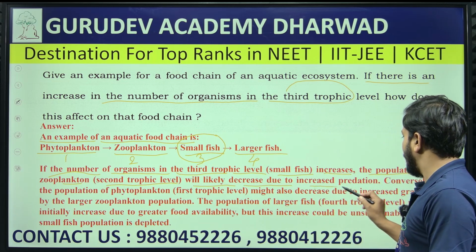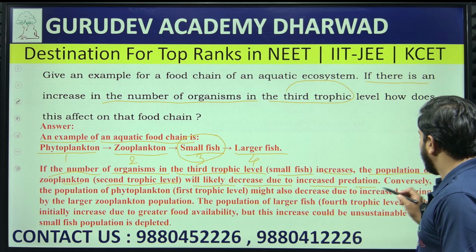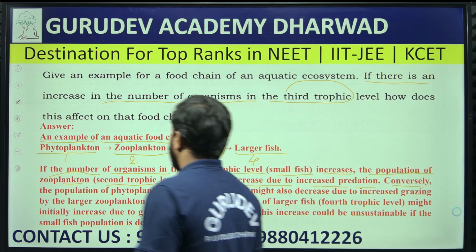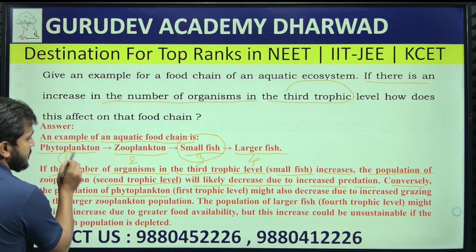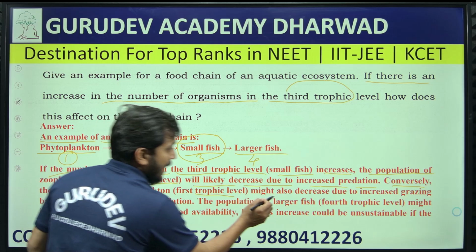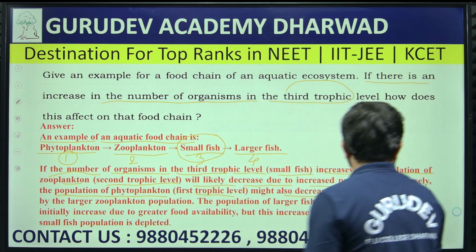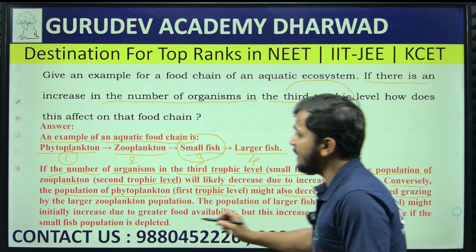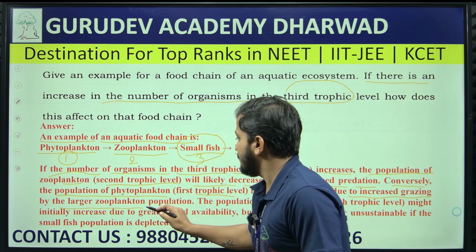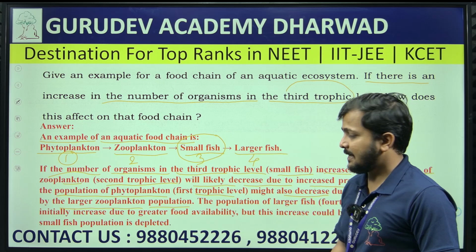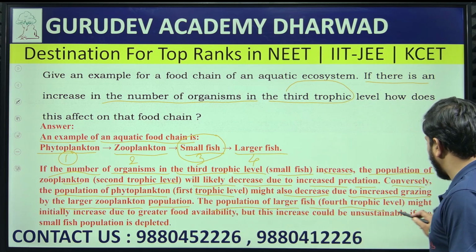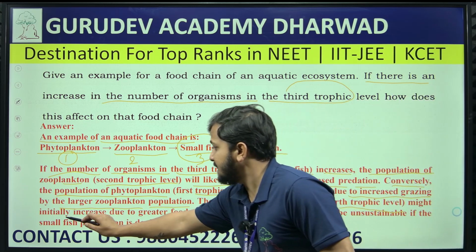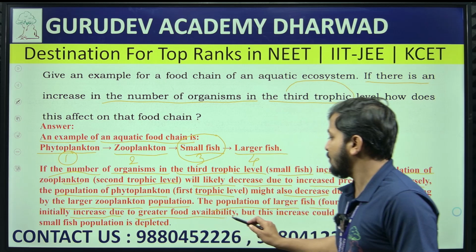So due to the increased predation, conversely, the population of phytoplankton at the first trophic level might also decrease due to the increased grazing by the larger zooplankton population. Understanding? Then the population of large fish, the fourth trophic level, might initially increase due to the greater food availability.